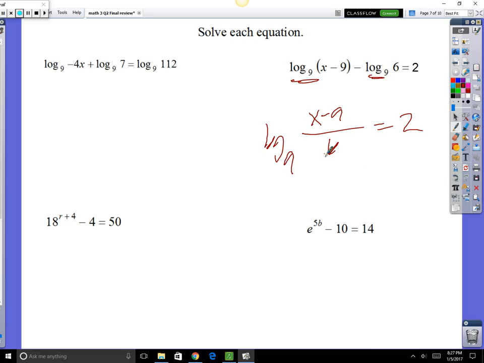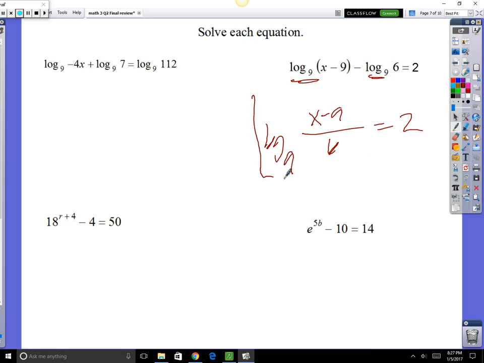Okay, now I'm kind of stuck, because if the left side equals the right side, the left side is a log, but the right side is not a log. So I've got to solve for x. I've got to undo the minus 9, I've got to undo the divide 6, and I've got to undo the log in base 9. And the only way you can undo a log is to morph it to an exponent.